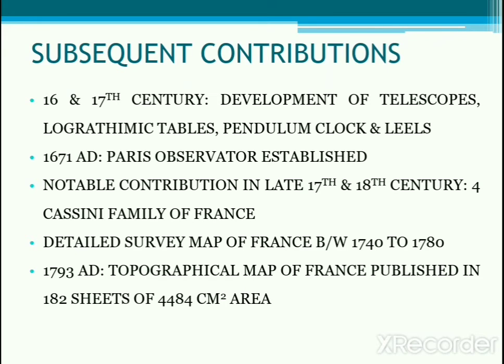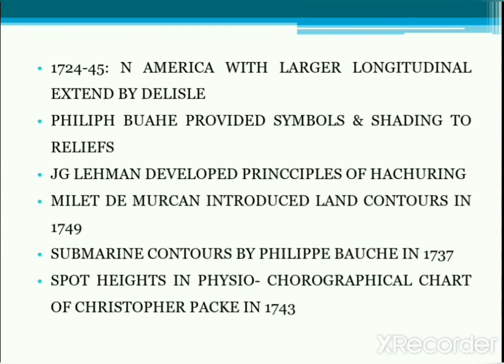The fourth Cassini succeeded his father at the observatory and completed the project in 182 sheets, each of 4,484 square centimeter area, and published it in the year 1793. The Cassinis were followed by a succession of competent French cartographers.